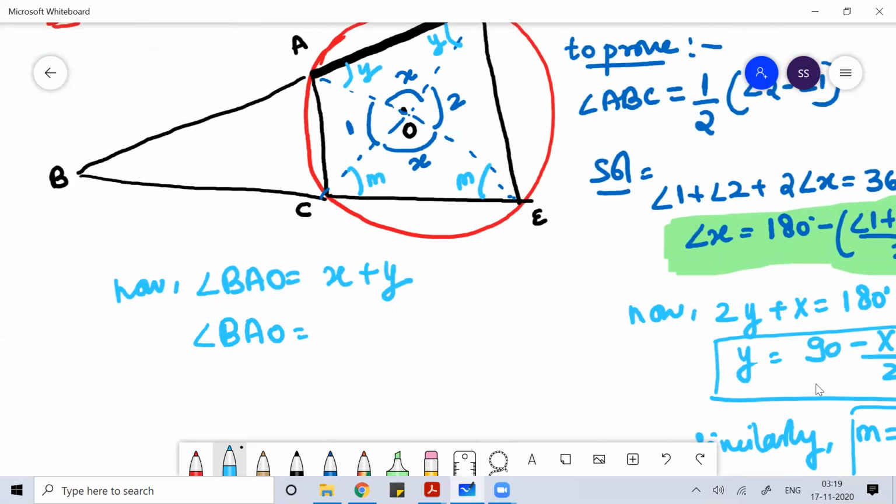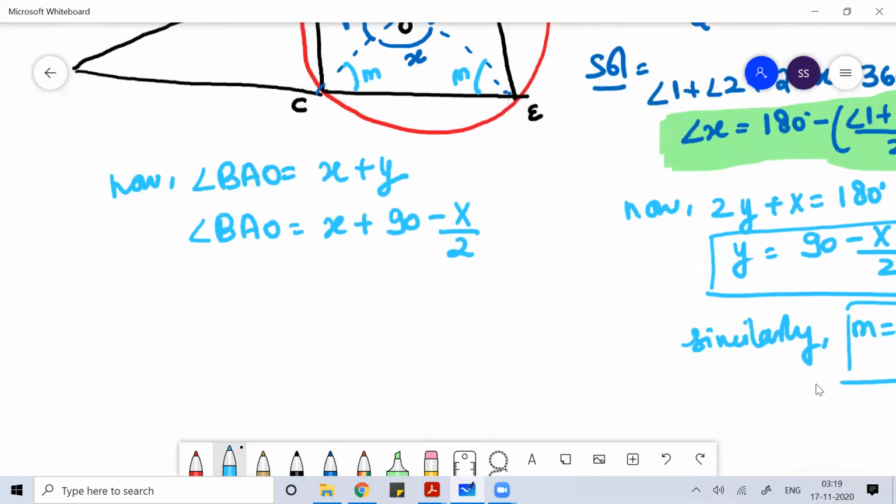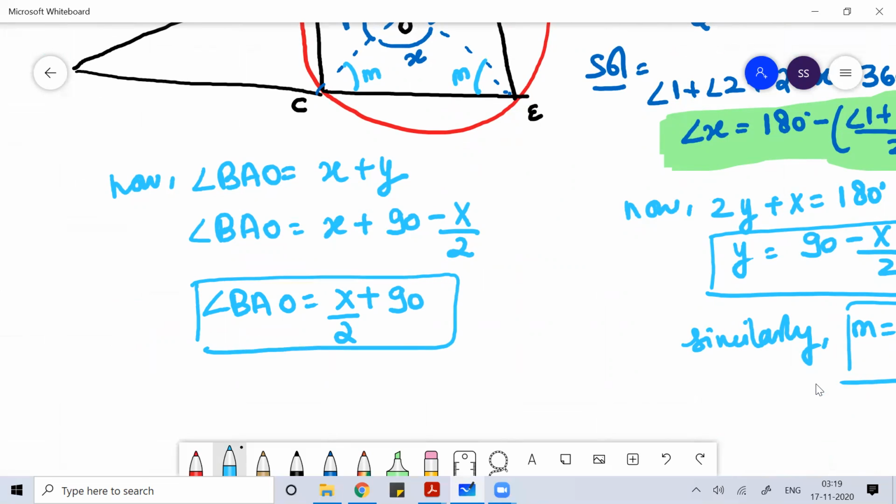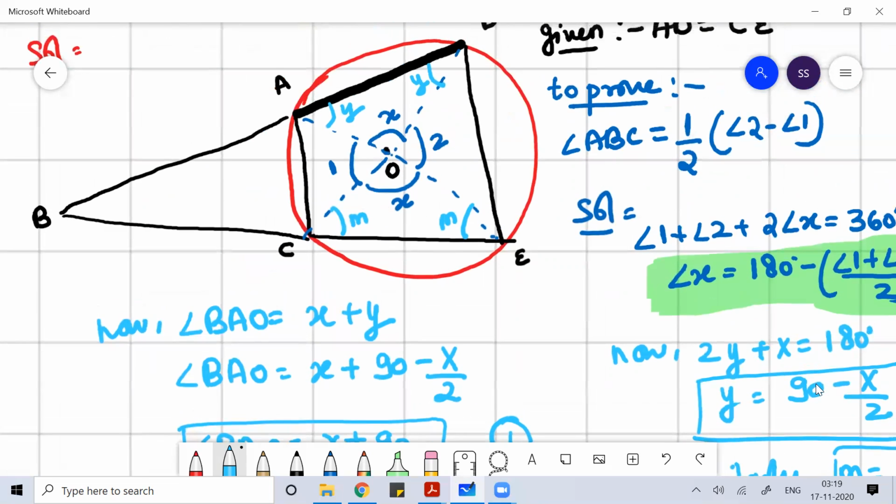What is y? 90 minus x by 2. So angle BAO is equal to x by 2 plus 90. This is 90 plus x by 2.